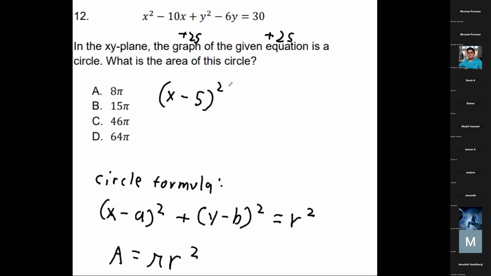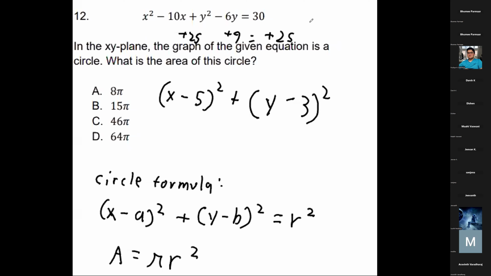And then for the other part, for the y, we'd do the same thing. So this would be y minus, and then we take the negative 6 and divide by 2, so y minus 3 squared. And then this is 9 greater because negative 3 times negative 3 is 9, so we do plus 9 on the left side.